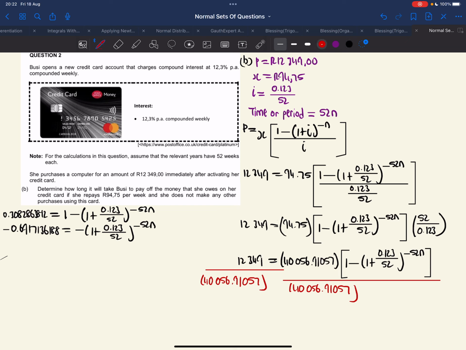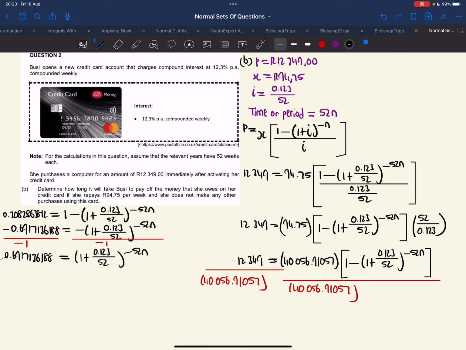Then you can divide both sides by minus 1, and you should get 0.6917136188 equals 1 plus 0.123 over 52 to the power of minus 52n.